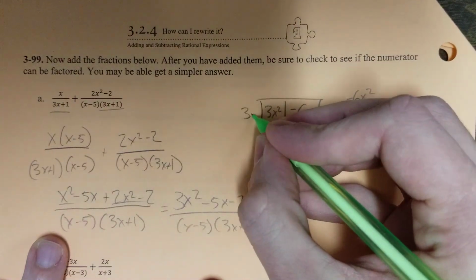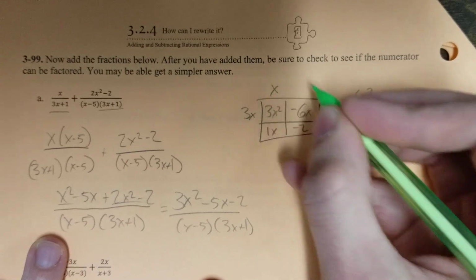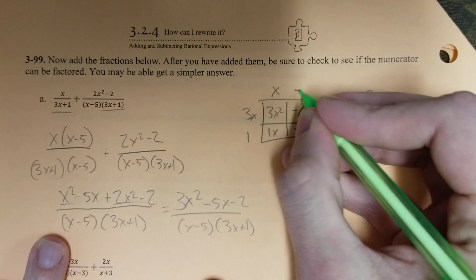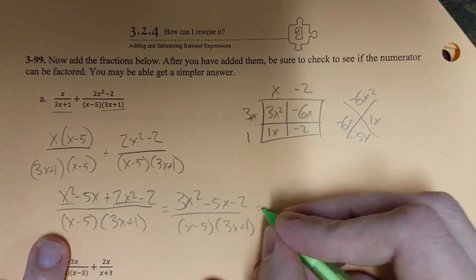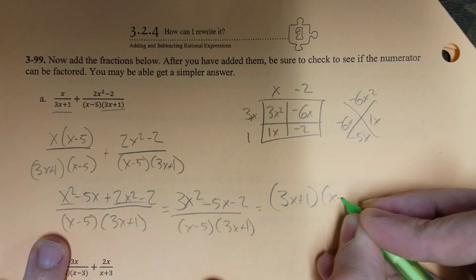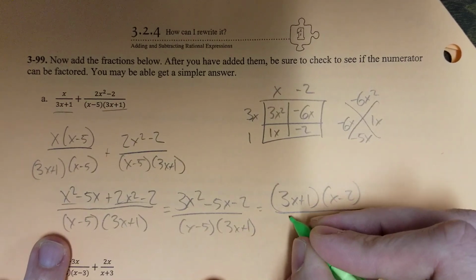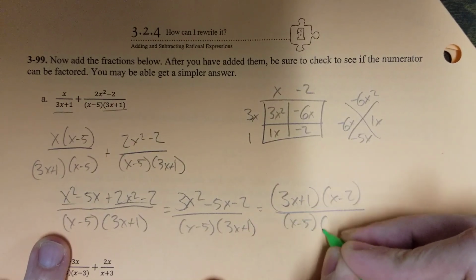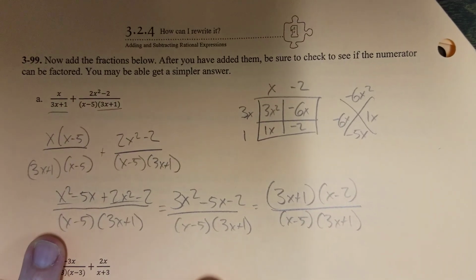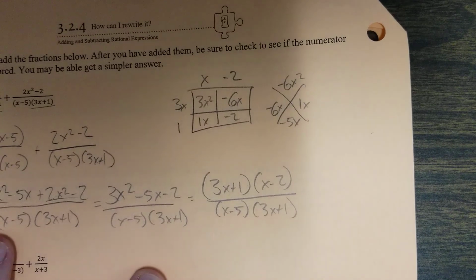So I get 3x there, a 1x here, which means I'm 1 there minus 2 there. 3x plus 1, x minus 2, over x minus 5, 3x plus 1. So we have it in factored form now, fully factored top and bottom.